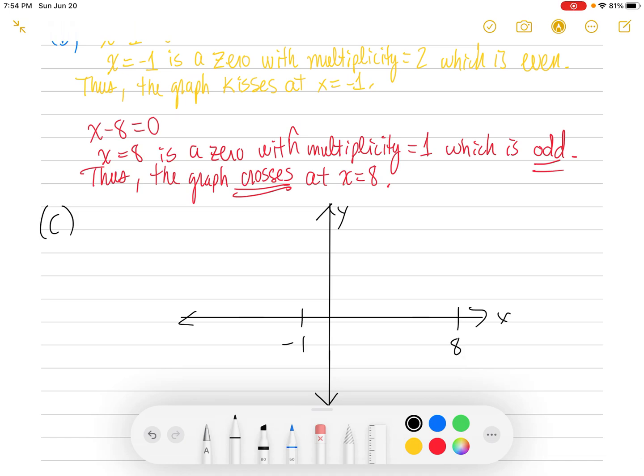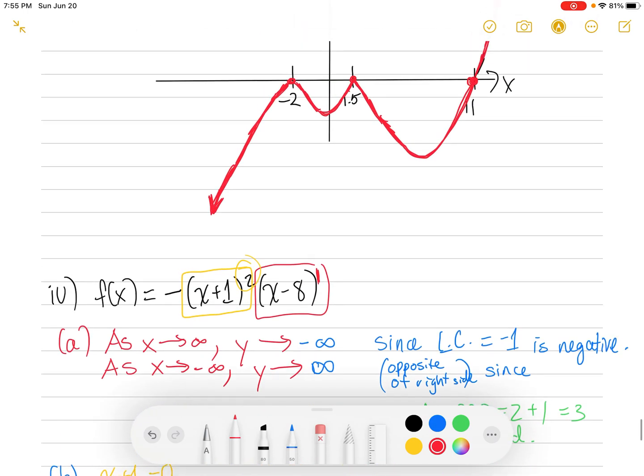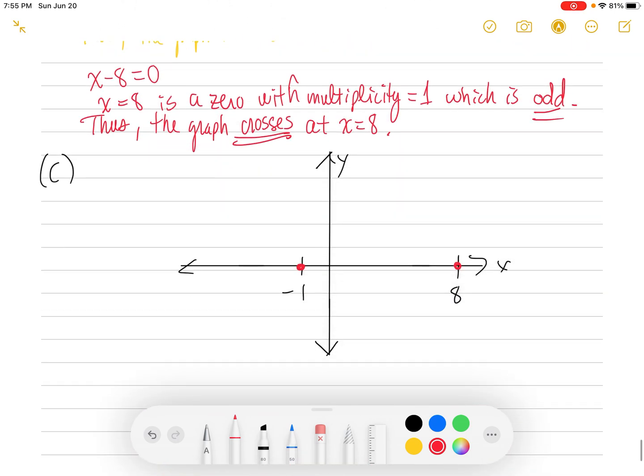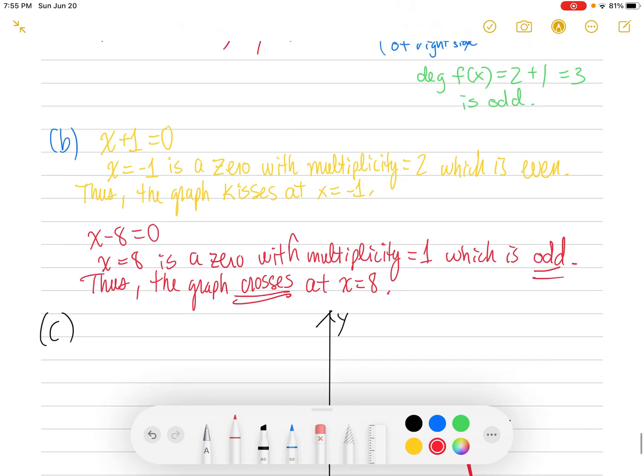I'm going to have one here at -1, and I'm going to have one here up at 8. I'll put red dots there to indicate my graph is going to hit at those zeros, those intercepts. Now I'm going to focus on my right-hand behavior. So as x goes to infinity, y goes to negative infinity. So on the right side, y is going down. So we're going to have a down arrow. And that's going to have to connect to 8.